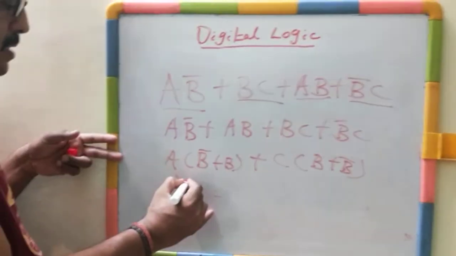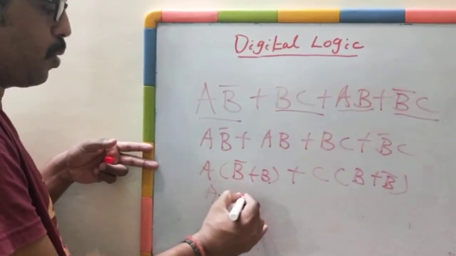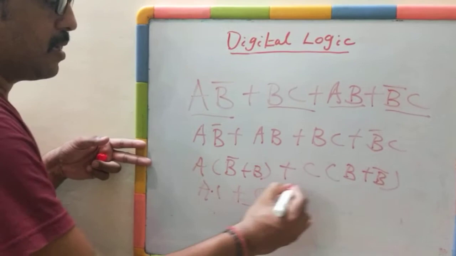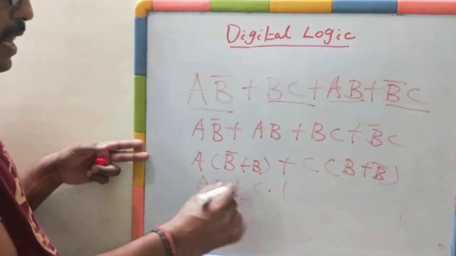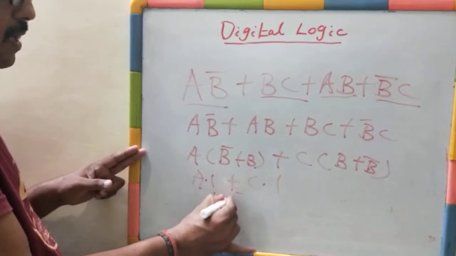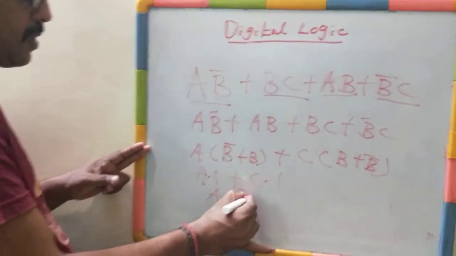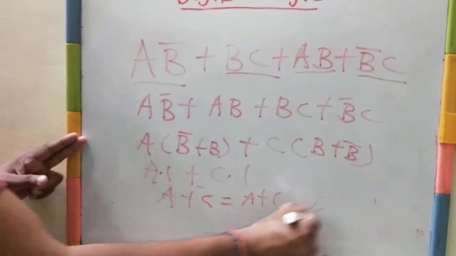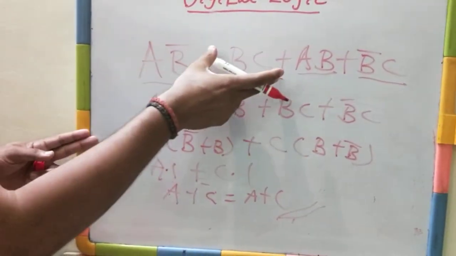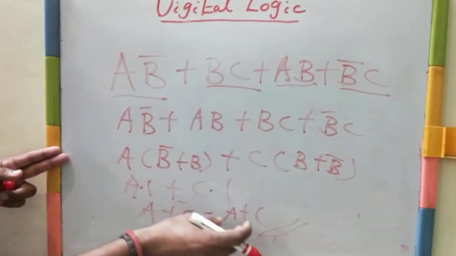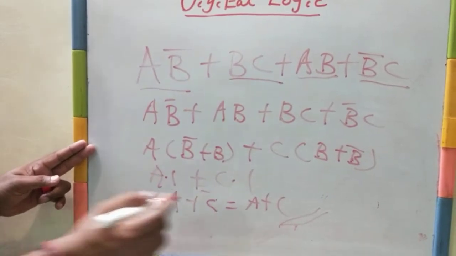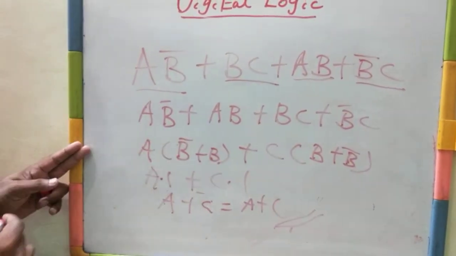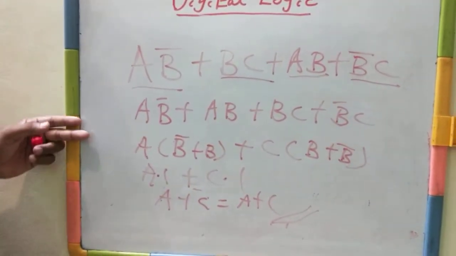B plus B dash is 1, so A into 1, and here also C into 1. A into 1 is A, C into 1 is C. The final simplified expression is A plus C. So this huge expression comes down to the simplified form A plus C, right?